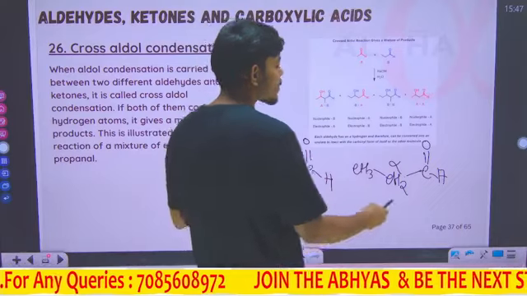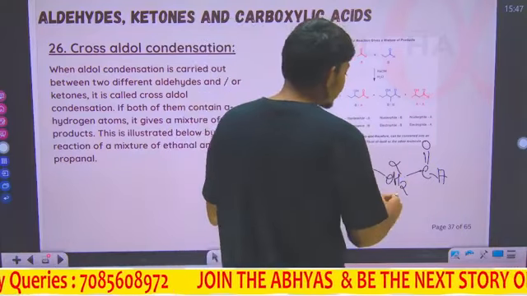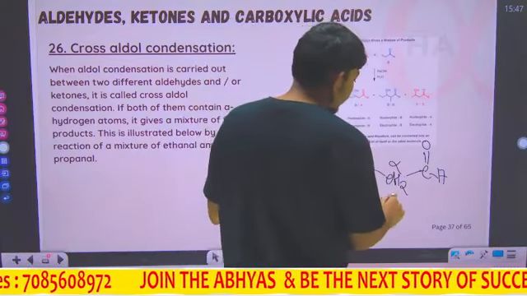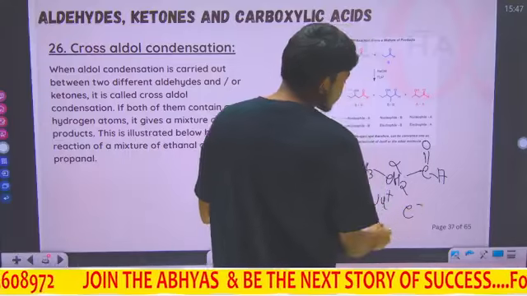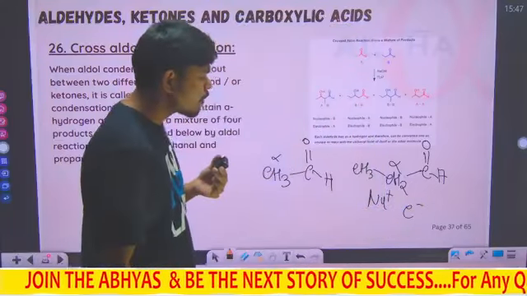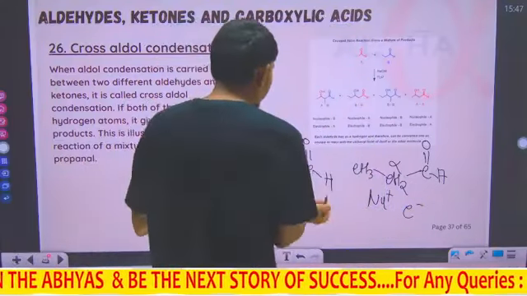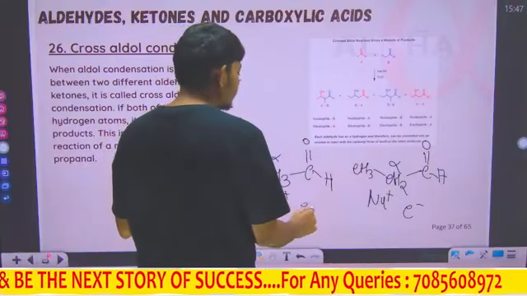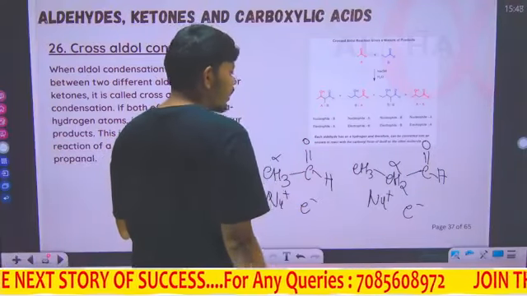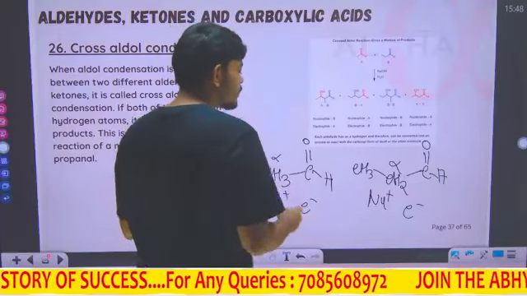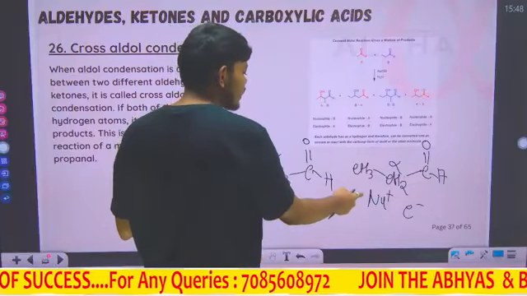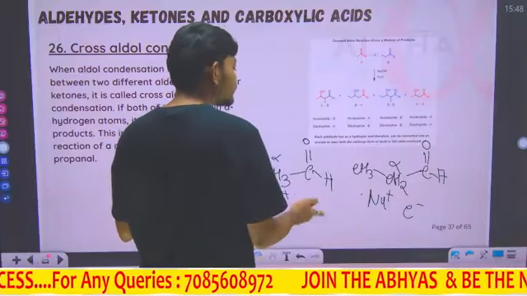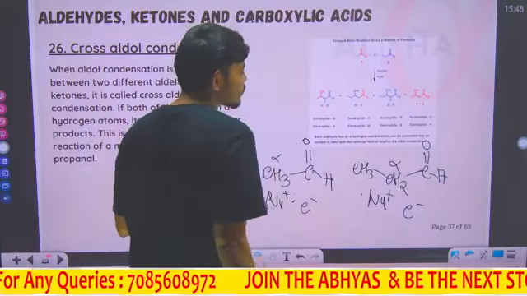In one case, this will act as nucleophile and this will act as electrophile. In this case, this will act as nucleophile and this will act as electrophile. In the third step, this will act as electrophile and this will act as nucleophile. And in the fourth step, this will act as nucleophile and this will act as electrophile.